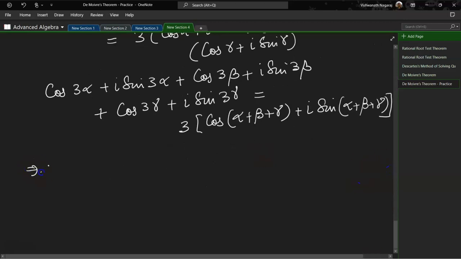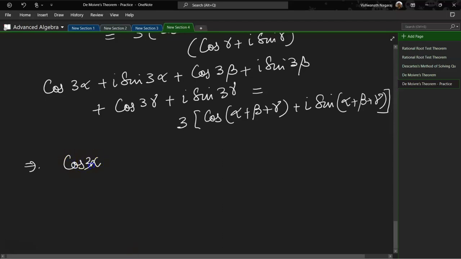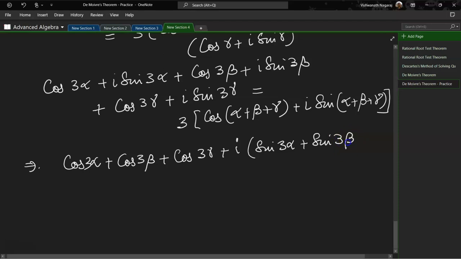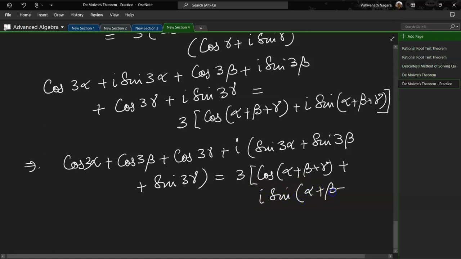Okay, this implies we can take cos together. So cos 3 alpha plus cos 3 beta plus cos 3 gamma plus i times (sin 3 alpha plus sin 3 beta plus sin 3 gamma) is equal to 3 times (cos (alpha plus beta plus gamma) plus i sin (alpha plus beta plus gamma)).